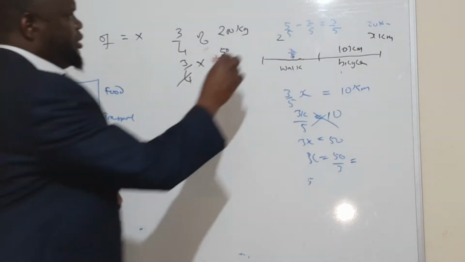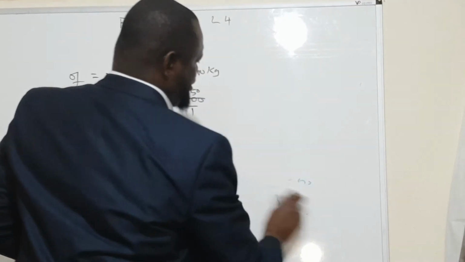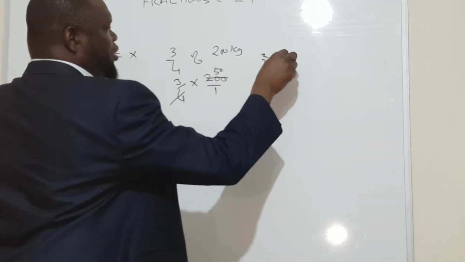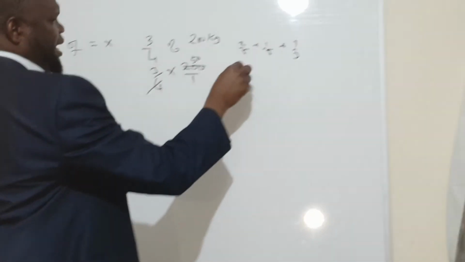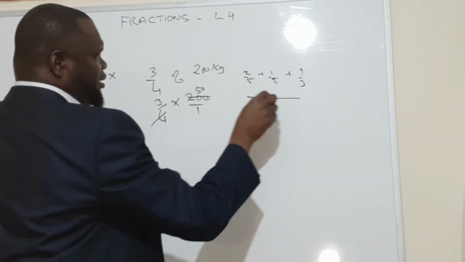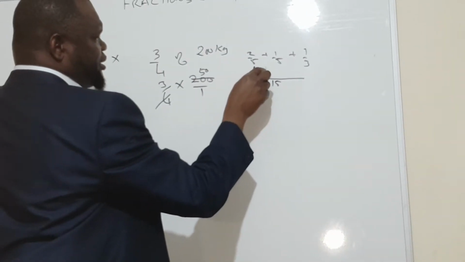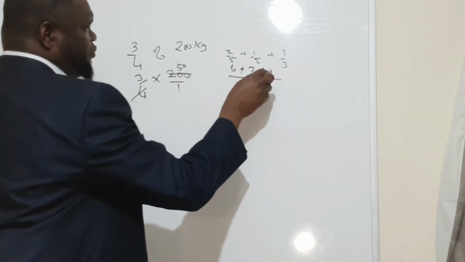Let me do that on the side here. 2/5 plus 1/5 plus 1/3. The LCM is 15. 5 into 15 is 3, times 2 is 6. 5 into 15 is 3, plus 5.